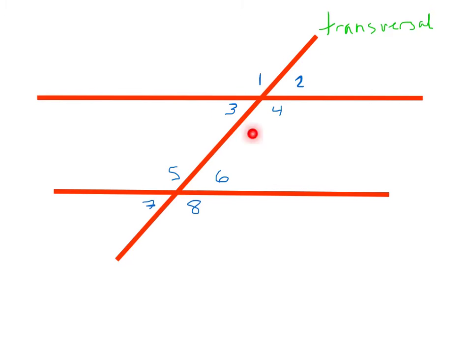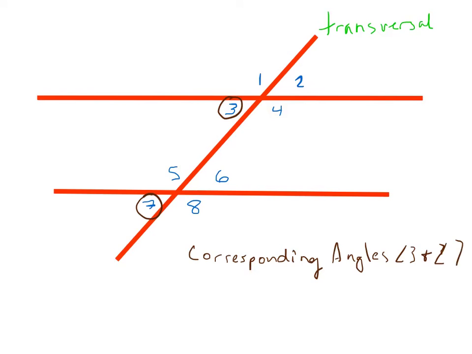But the question is now, how can we relate these angles to these angles down here? There's a few mathematical terms that we can use here. The first ones will be corresponding angles. An example of corresponding angles would be 3 and 7.